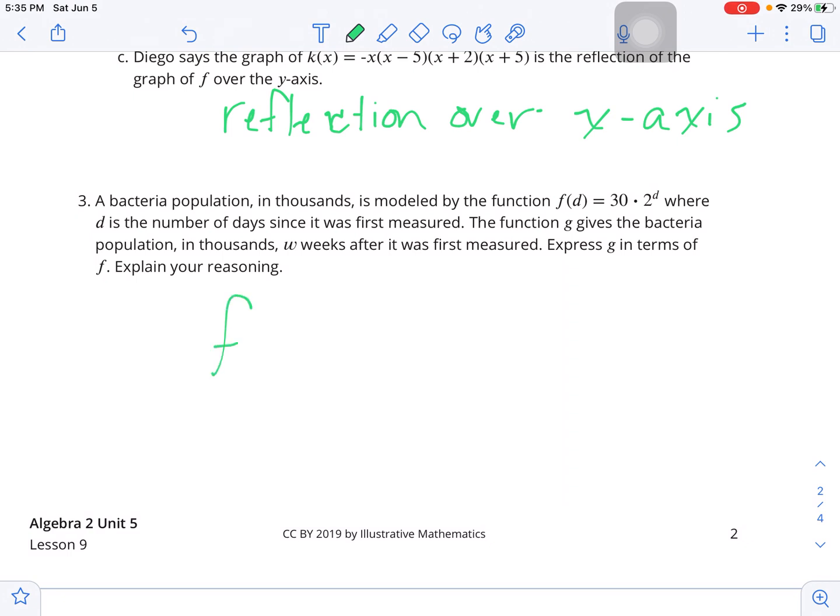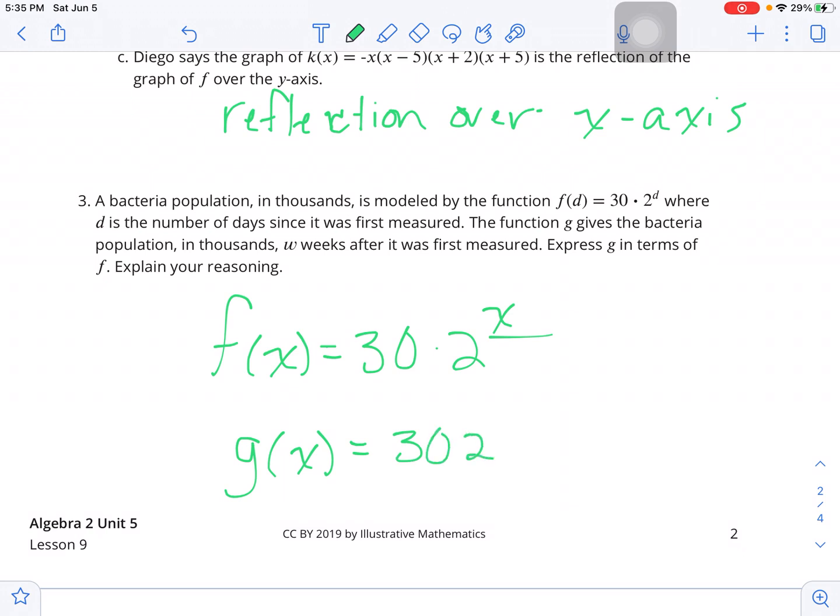So we have f of, let's just do x, is 30 times 2 to the x. So this has to become weeks instead of days. And so g of x then would just be simply 30 times 2 to the 7x.